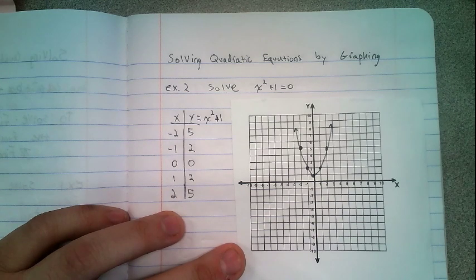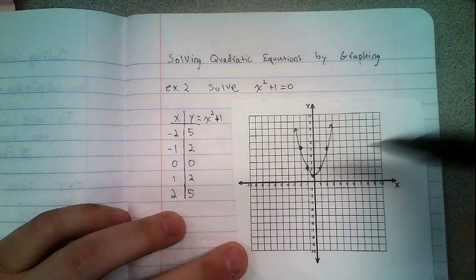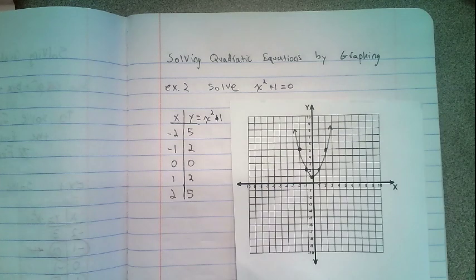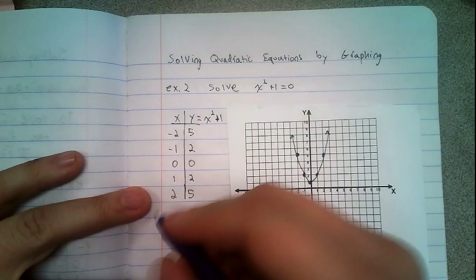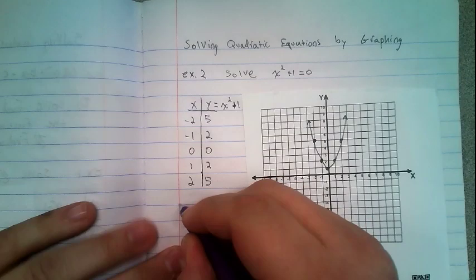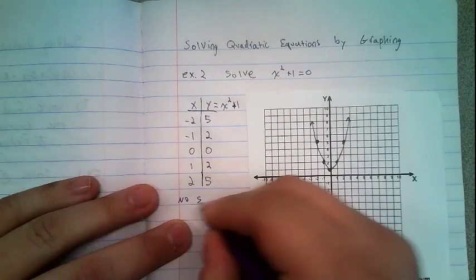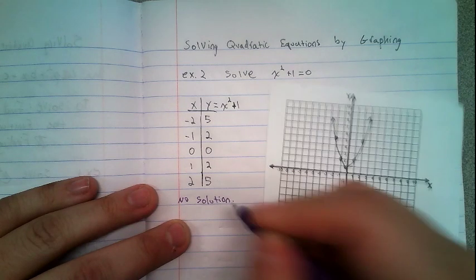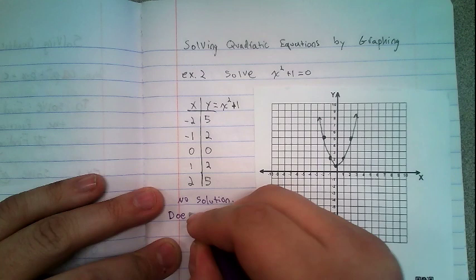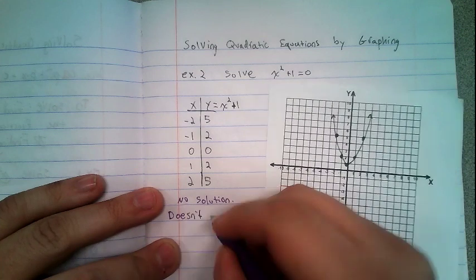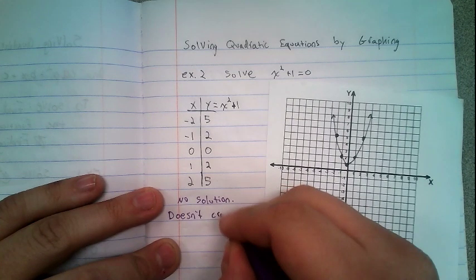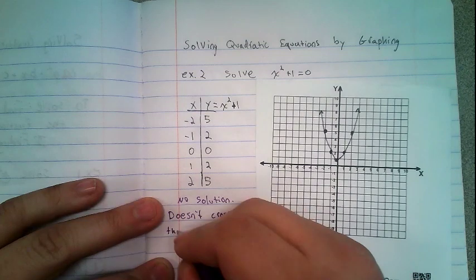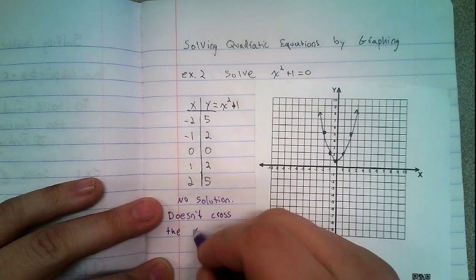So our solution is really no solution, because it does not cross the x-axis. It has no x-intercepts. So this one here would be no solution, because it doesn't cross the x-axis.